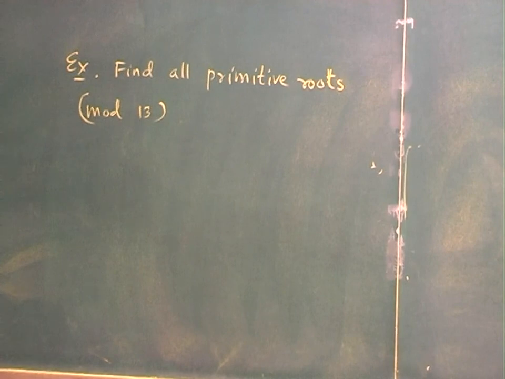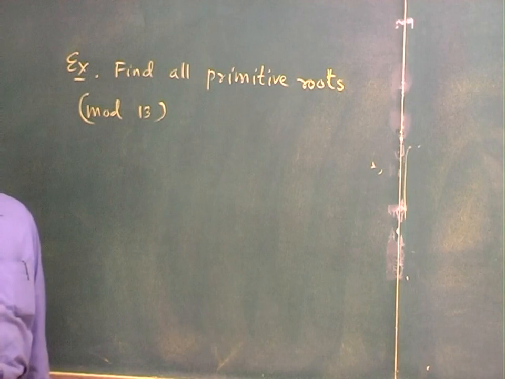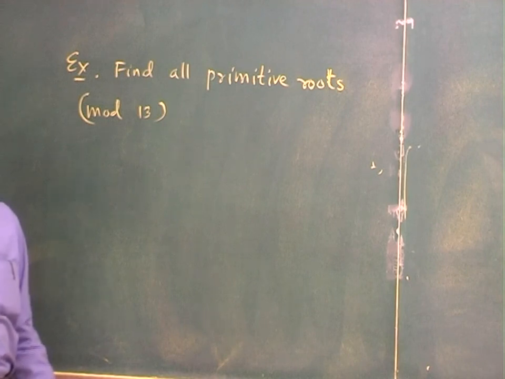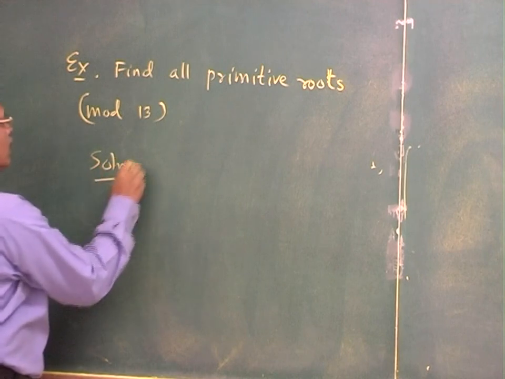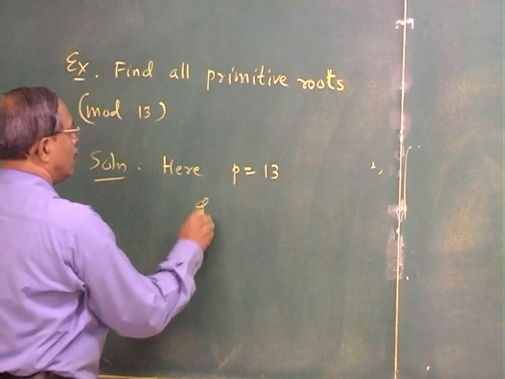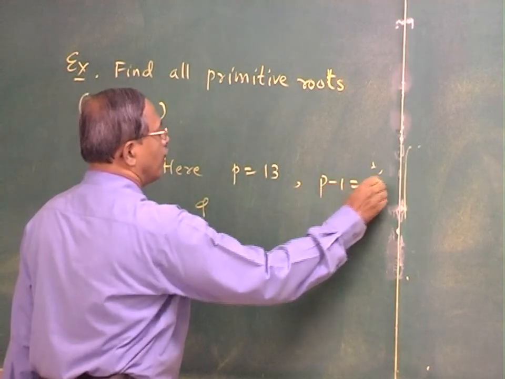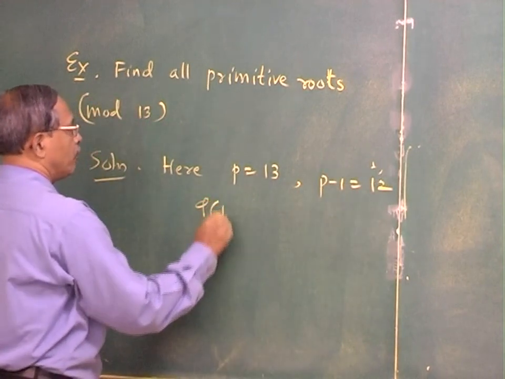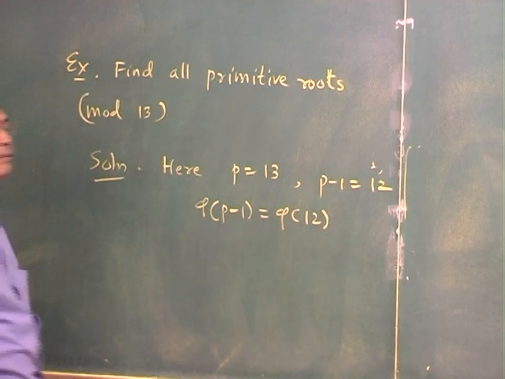Thirteen is a prime number, so there is going to be a primitive root, and the number of primitive roots is expected to be phi of 13 minus 1. So here p equal to 13, so p minus 1 is 12, and phi of p minus 1 equals phi of 12.